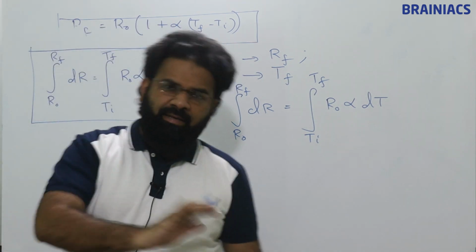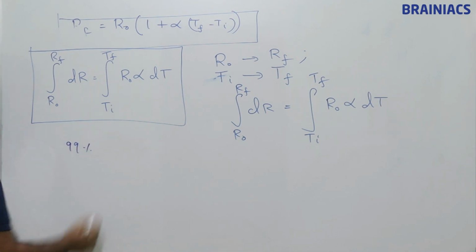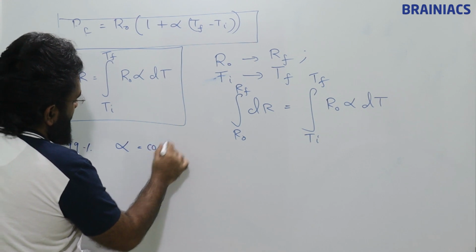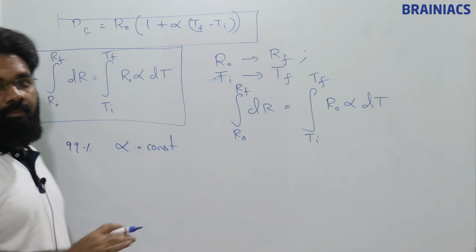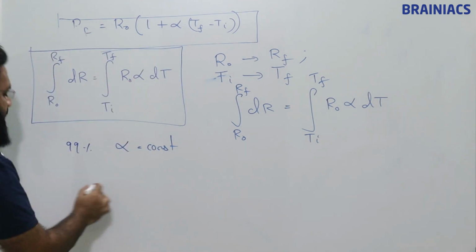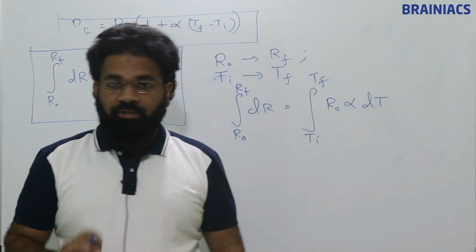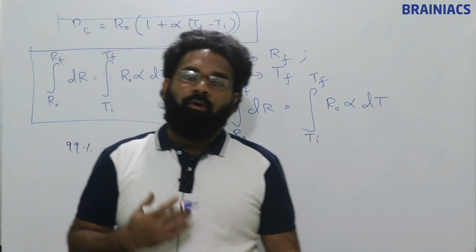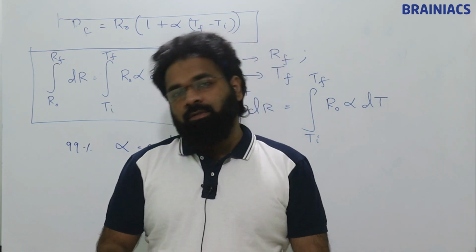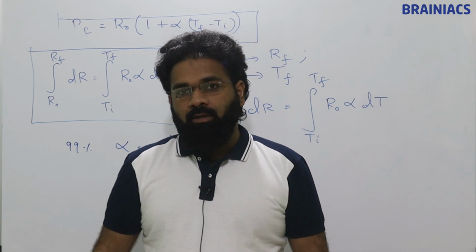In 99% of the cases, this alpha will be constant. Suppose they give alpha as a function of temperature, because actually the temperature coefficient of resistance will change with temperature in practical scenarios.